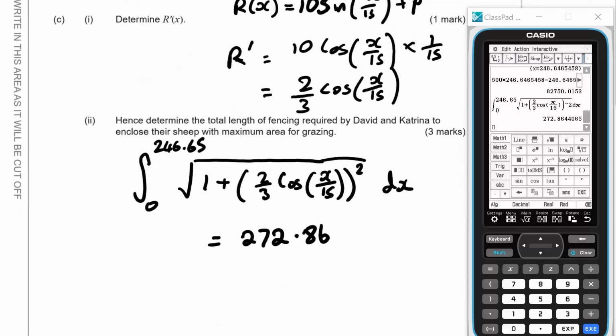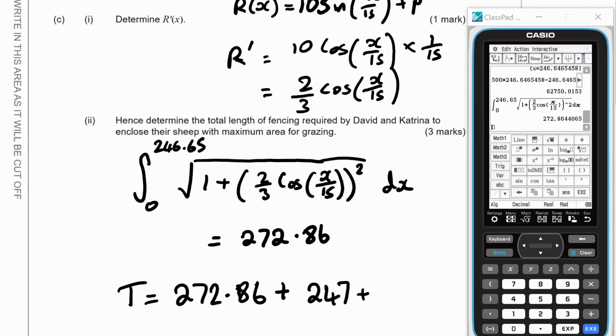So the total length of fencing is going to be that 272.86, which goes along the roadway. Add 1 Q because that's opposite the roadway.